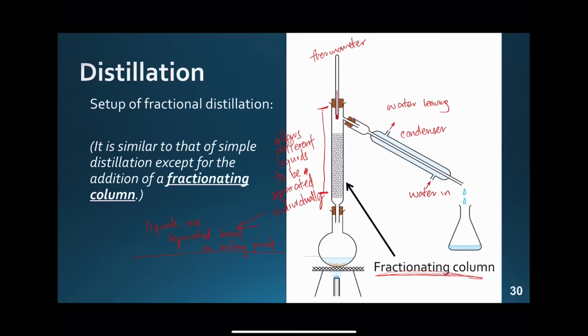Why? Because we are heating up over here. Those that boil at a lower temperature will boil first, and once it boils, the vapor will rise up and eventually pass through the condenser first, and it will be collected first as the first type of distillate. The next liquid that has another boiling point that's slightly higher will boil next, then the same process repeats.